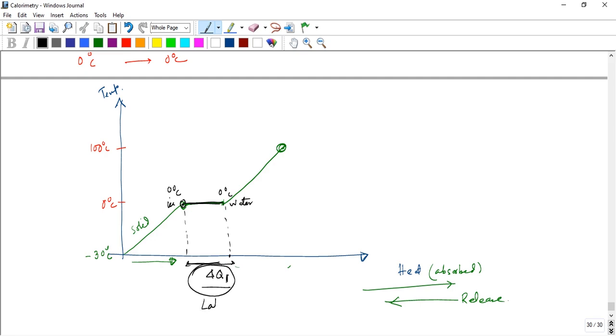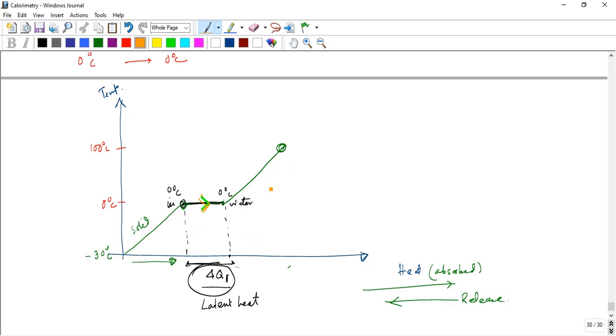It means temperature is fixed, but the state changes from ice to water. Ice to water, this direction, is called latent heat of fusion, and water to ice is called latent heat of freezing.